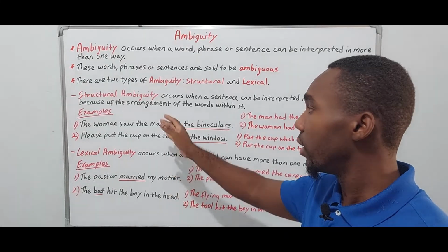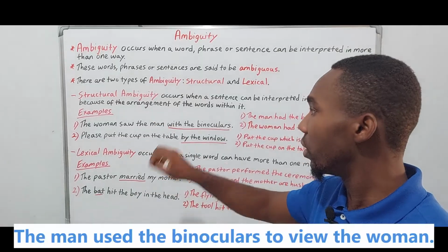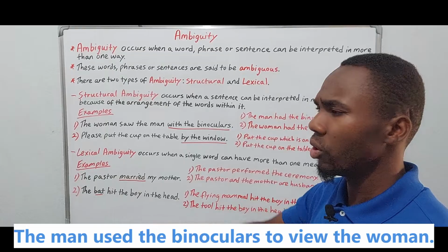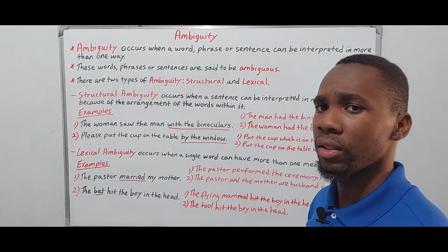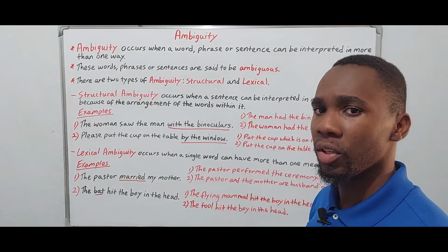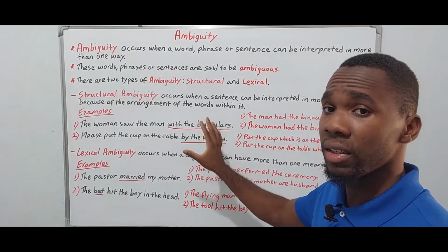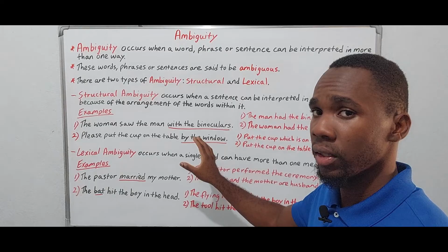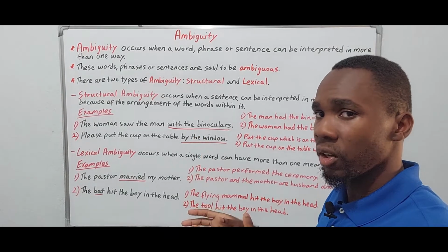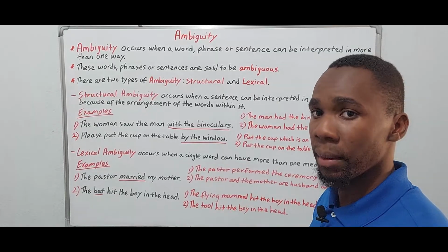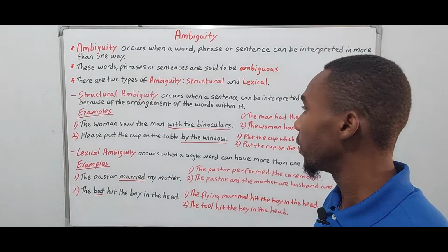Similarly, we can say the man used the binoculars to view the woman, right? So once we provide additional information, we can easily disambiguate this sentence. So as you see, this is the first example of structural ambiguity, right? The arrangement of the words within a sentence makes it ambiguous, okay?